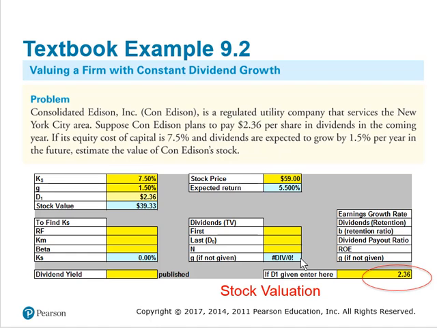Now we have a worksheet that will help us with a lot of these valuation principles, if you will. But here's a company, Con Edison, that plans to pay $2.36 in the coming year. Now, if you read that, that is D1, right? Equity cost of capital is 7.5%, and dividends are expected to grow by 1.5%.